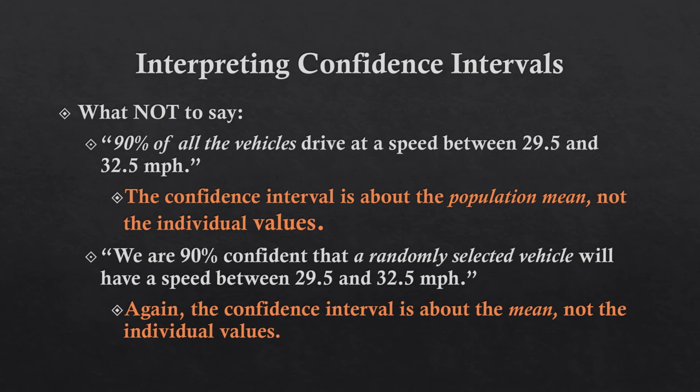You also don't want to talk about an individual car. So we are 90% confident that a randomly selected vehicle will have a speed between 29.5 and 32.5 miles an hour. Again, we're talking about a population mean and not an individual value.